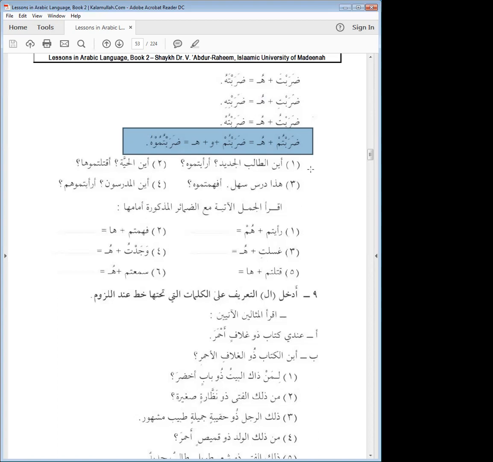But look what happens with this. And this only happens with this particular attached pronoun, the tum, right? When you have this tum as an attached pronoun, and you add in a next pronoun onto it, what do we do? We add a wow after the meem. This is only when we are attaching a next pronoun to this pronoun.